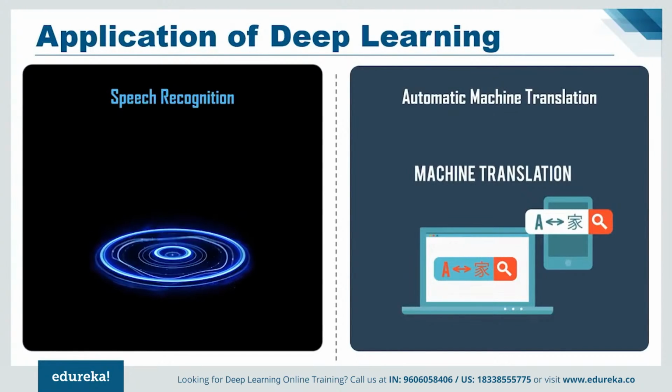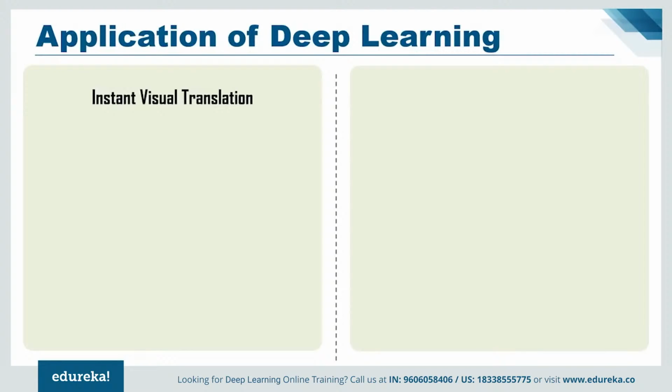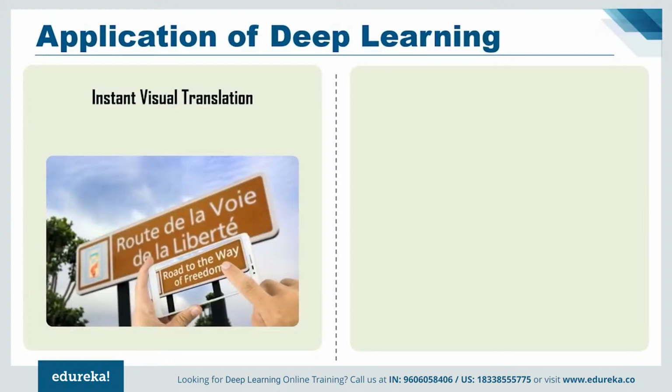Stacked networks of large recurrent neural networks are used to perform these kinds of translations. Next, we have instant visual translation. Deep learning is used to identify images that have letters and where the letters are in the scene. Once identified, they can be turned into text, translated, and the image recreated with the translated text.